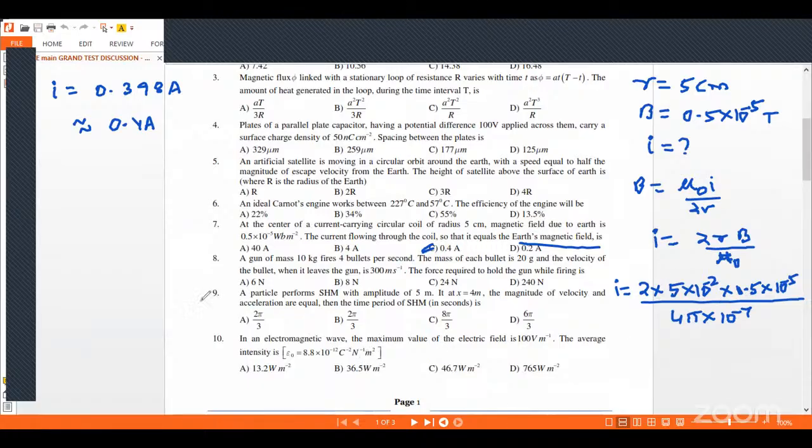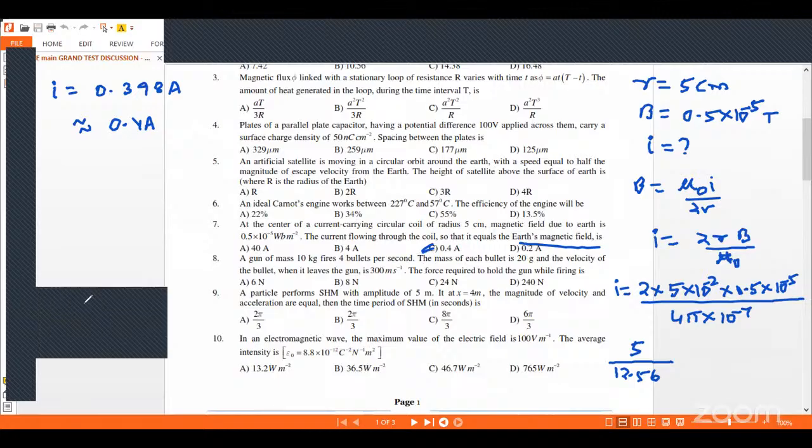It is 5 divided by 4 pi. 4 into 3.14 means 12.56. Fine. Is it okay? Okay. Next one. Eighth one.